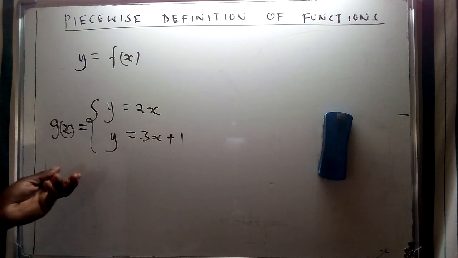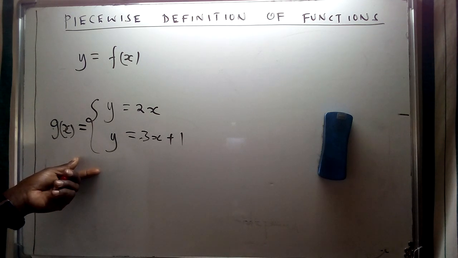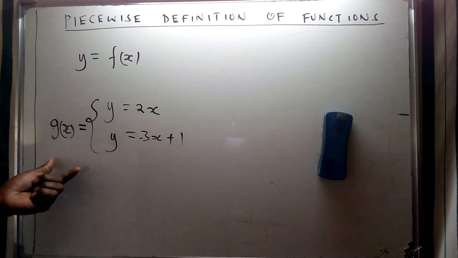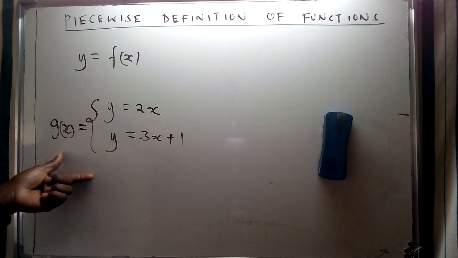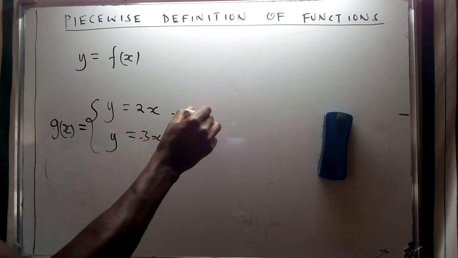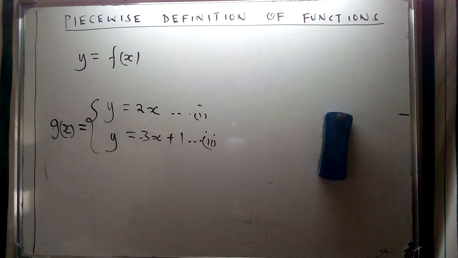This calls for a different way of defining this function, which will assist us in finding the values for the domain and the range respectively, accompanied by giving particular values of the domain for the equations 1 and 2.